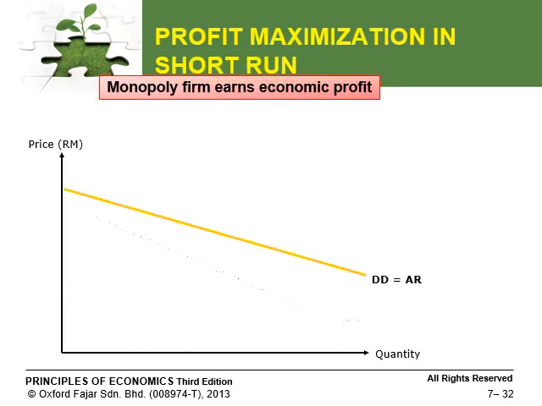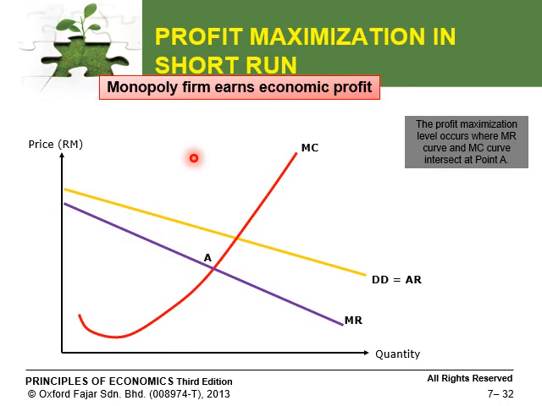So in the short run, how does the monopoly market make profit maximization? By earning an economic profit, in other words, making profit. As you can see here, when the marginal cost intersects with the marginal revenue at point A, they are making profit maximization at this point.